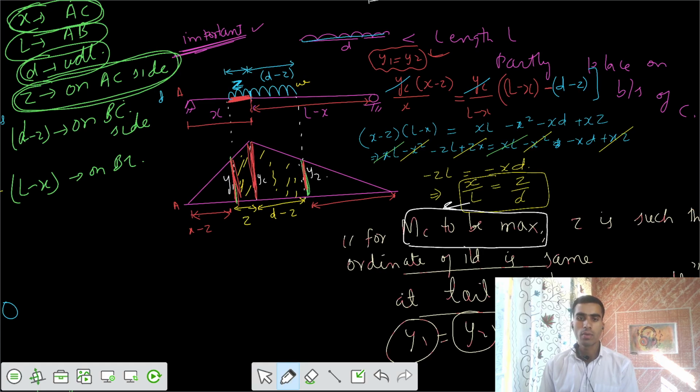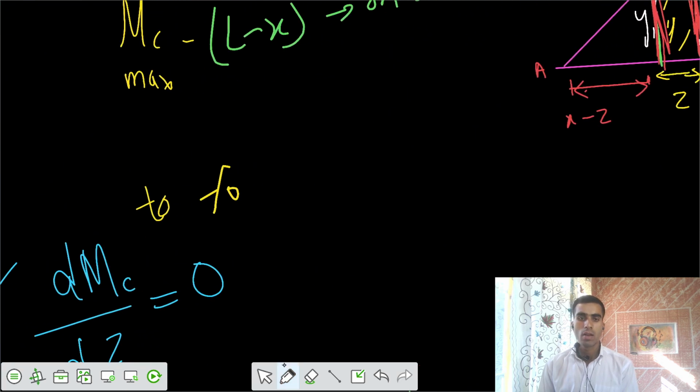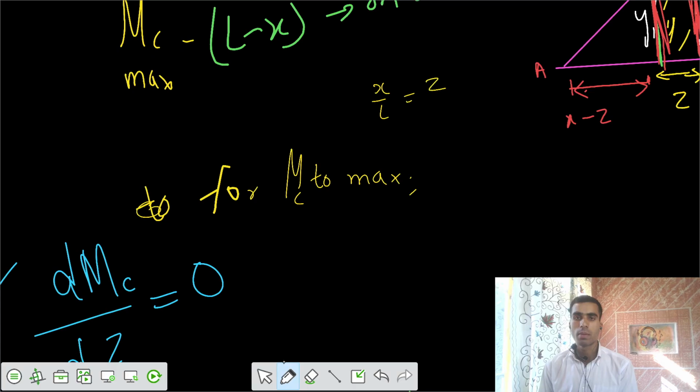So for the moment at C to be maximum, you get this equation: X by L equals Z by D.